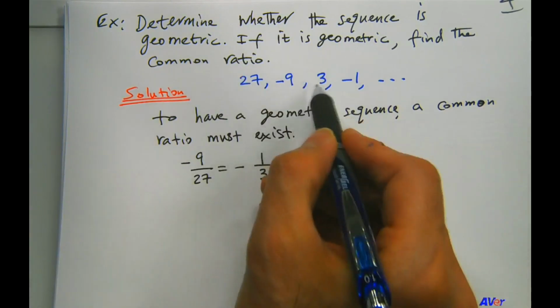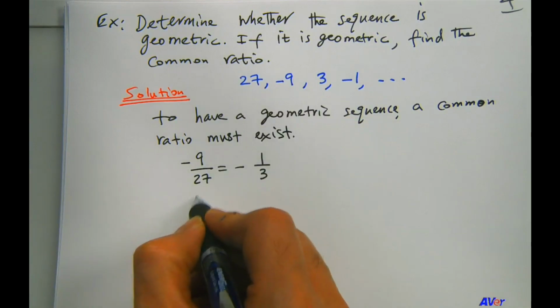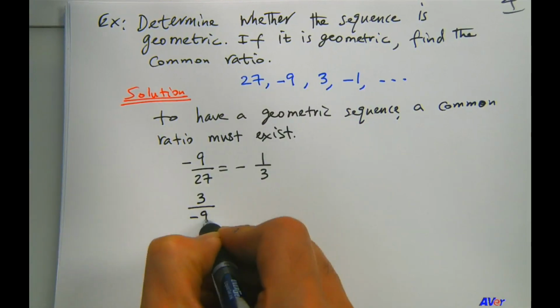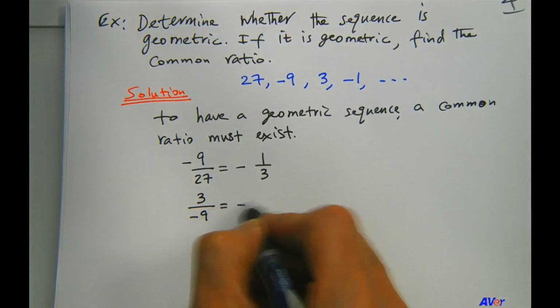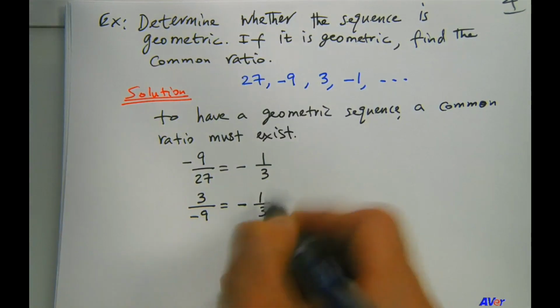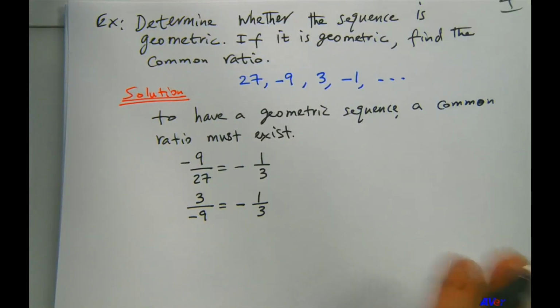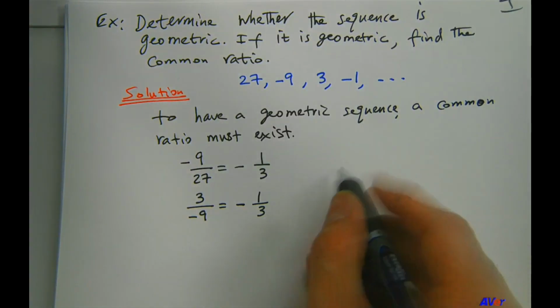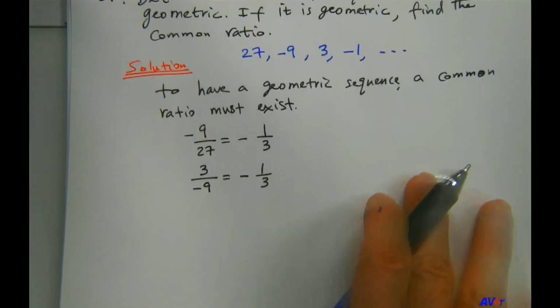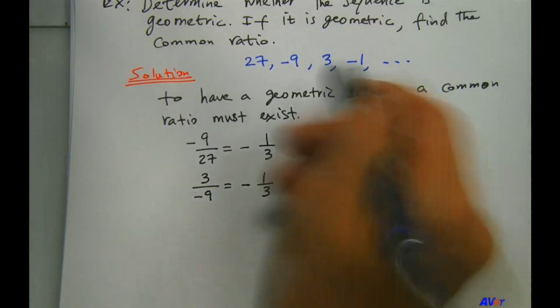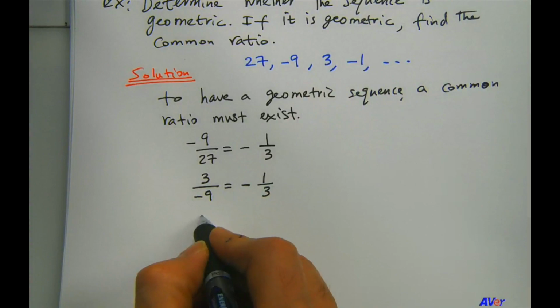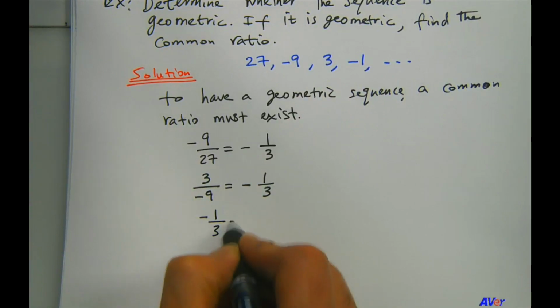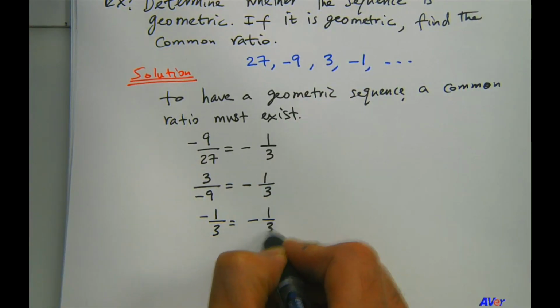So let's divide 3 by -9. What do we get? Again, we get -1/3. Okay, so far so good. Looks like we do have a geometric sequence. And then also, let's divide -1 by, that's obvious, right? -1 divided by 3, -1/3.